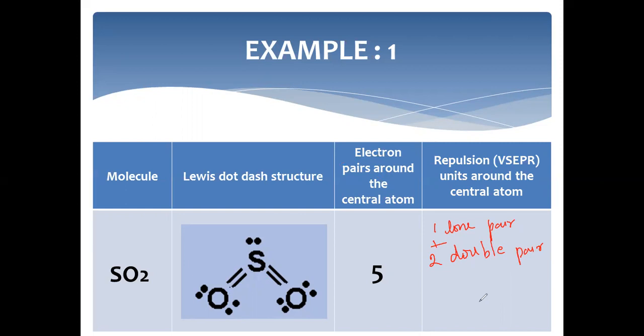So 1 plus 2, your repulsion unit is 3. Let's see. We found the answer, right? Okay, are you all clear? Let's move on to the next example.